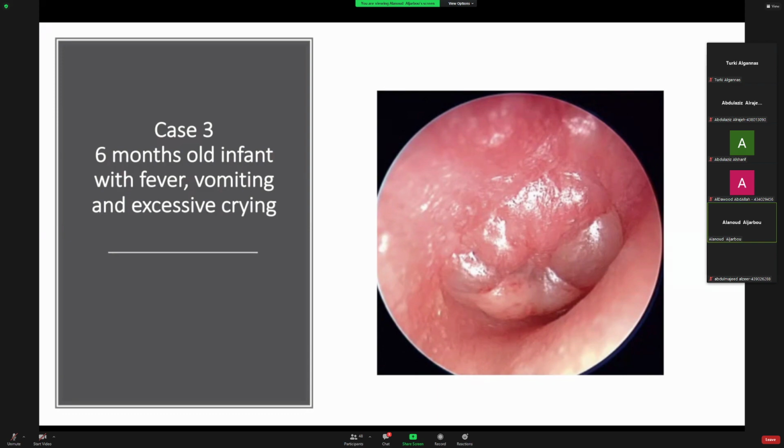So if the patient is not toxic and did not present with bilateral otitis media or a high-grade fever, we will just hold on antibiotic. We discuss with the family that if the patient still has symptoms after 48 or 72 hours, they should come back to have antibiotic. But usually we will just hold on antibiotic.